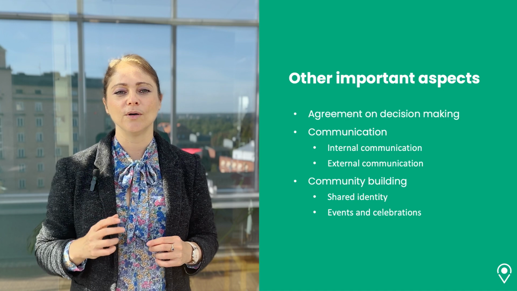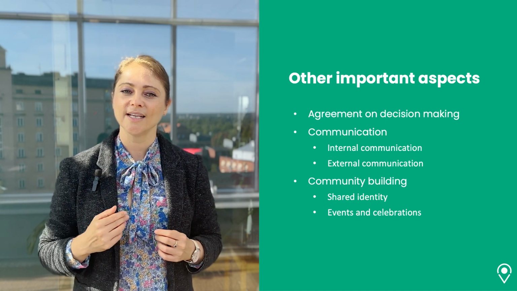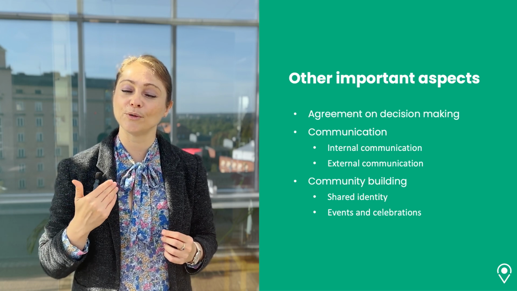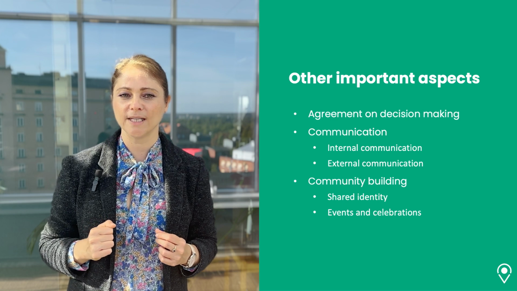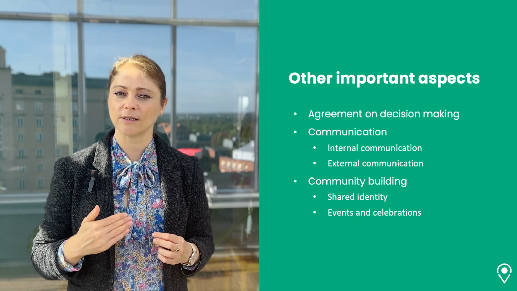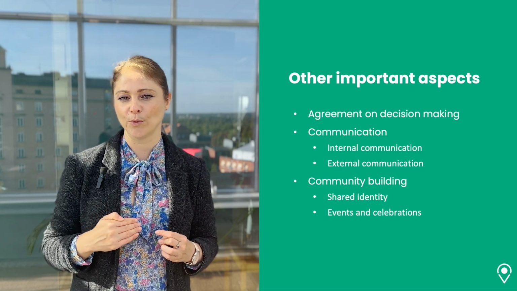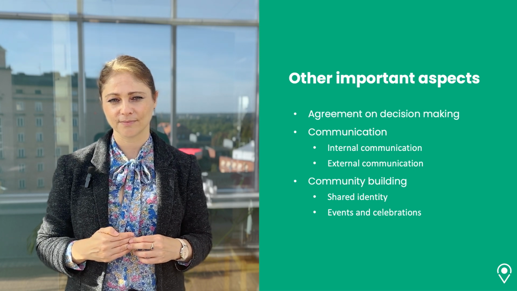Let's give it a logo and a website. Hold your own events and celebrations, and develop a narrative that connects people, that binds them together for a good cause. Finally, the arena should also develop its external communication channels, which play an important role in attracting new organizations and increasing its prestige in the local community, which is a good social benefit for arena members.